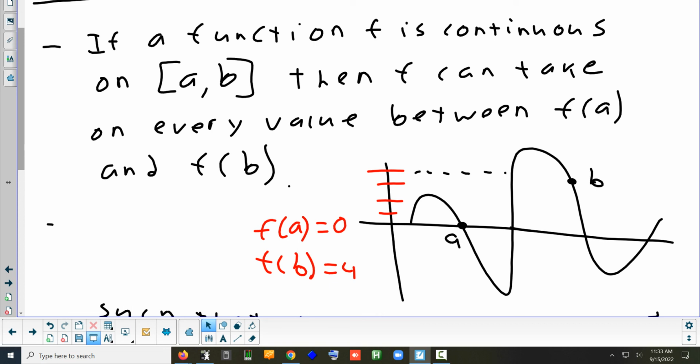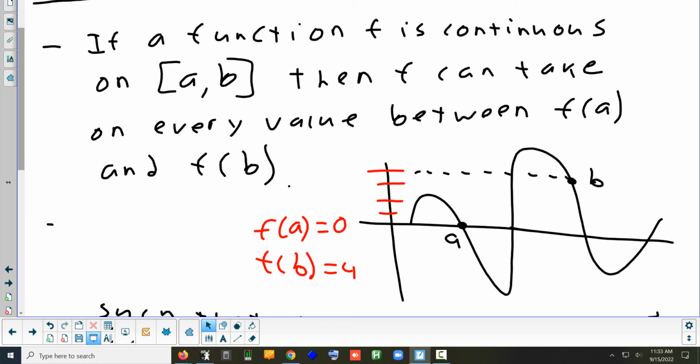I'm ending, roughly, at a y value of 4. The intermediate value theorem states that I will pass through every single y value between 0 and 4. I might pass through more, but at a minimum, I'm going to pass through every value from 0 to 4.